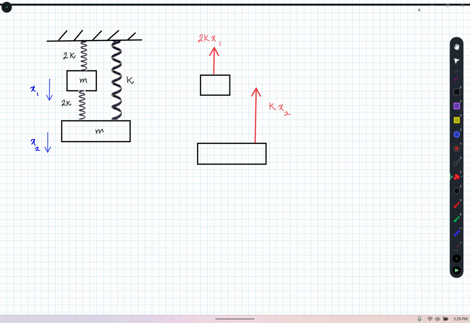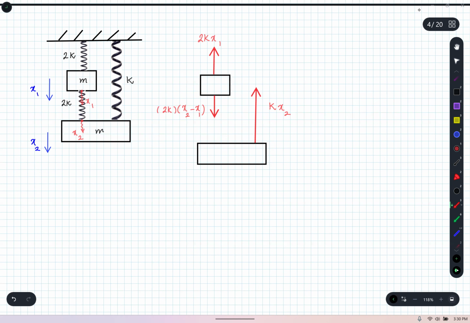Because that spring from one side is attached to the ceiling and the other to mass M, which moves by x2. Well, the spring in the middle, if I write it as x2 minus x1, it means we pretend it is under stretch, meaning that it moved by x2 down here and by x1 here, and we pretend x2 is larger than x1, meaning it is under a stretch, right?